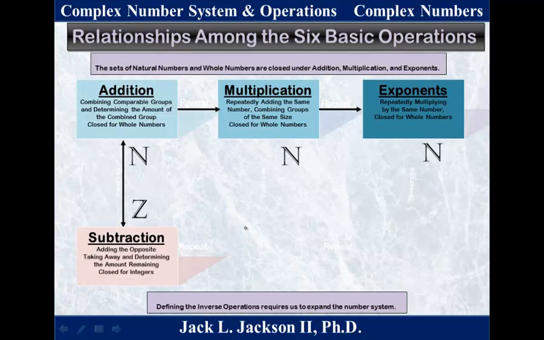And so if we want to undo addition, that leads us to the inverse operation of subtraction. Subtraction can be thought of as solving for a missing add-in. We can define subtraction ultimately as adding the opposite, or additive inverse. Taking away and determining the amount remaining is a real-world model for that.